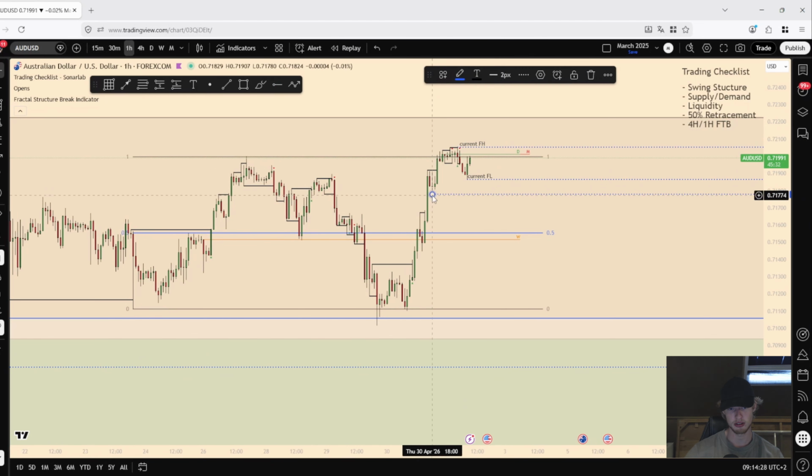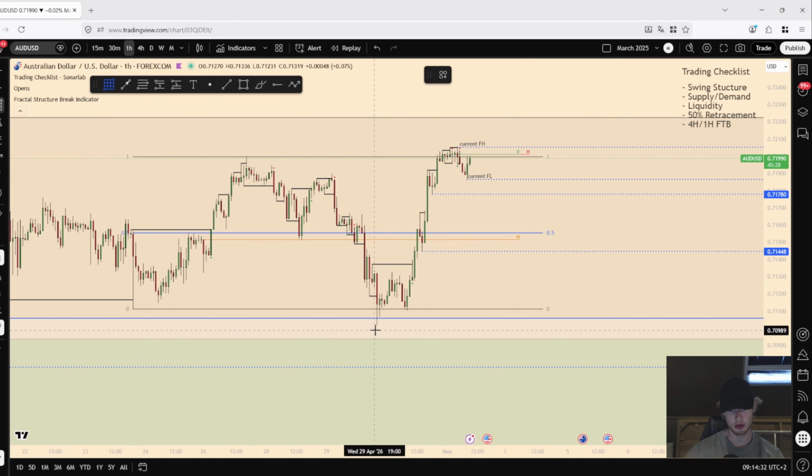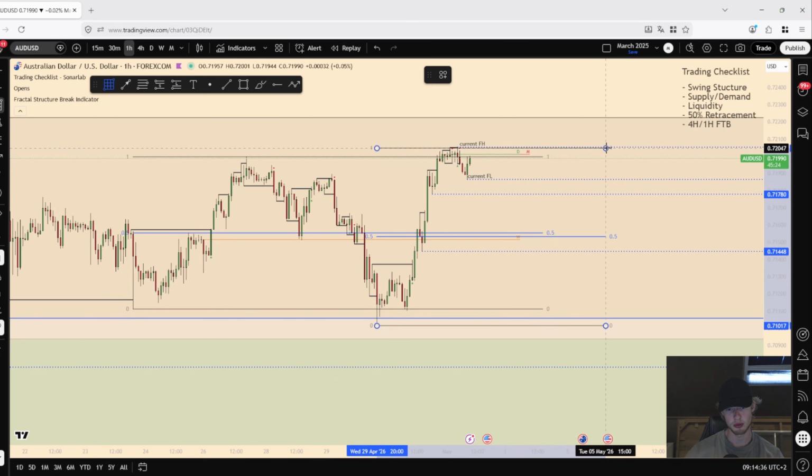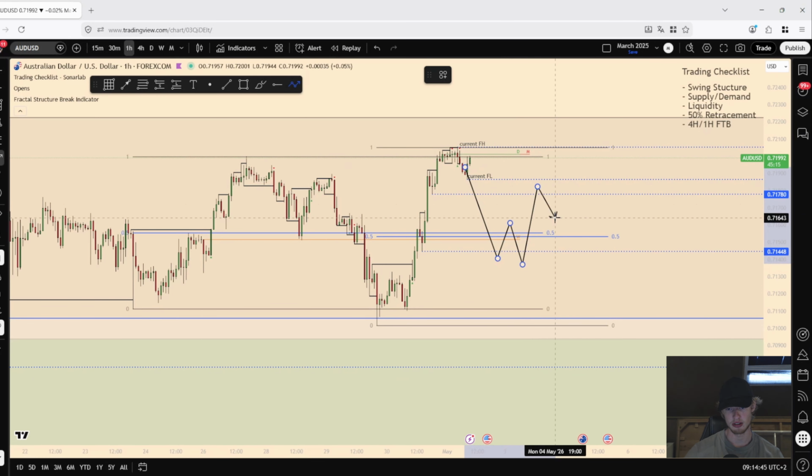On the 1 hour, is there anything we can do? I mean, there are some liquidity lows situated over here. If we now do consider this over here our swing low and swing high, then either we want to see a retracement down towards maybe this liquidity, weekly open, and then see a change of character to continue in towards the upside.